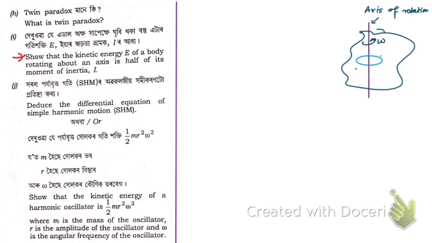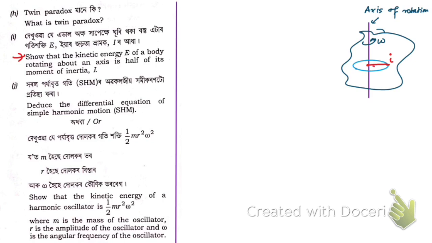Suppose this is one particle of this body, the ith particle, and its distance from the axis of rotation is Ri.